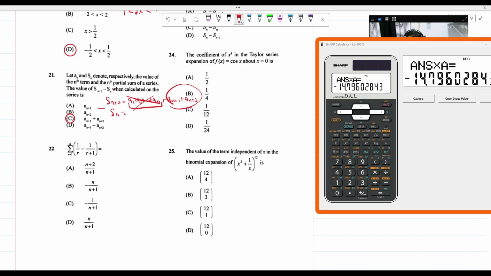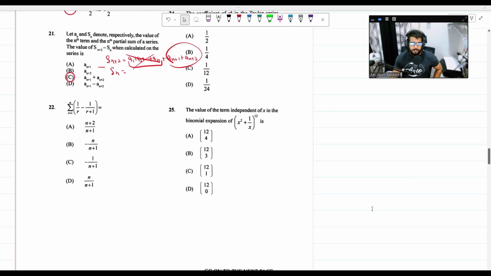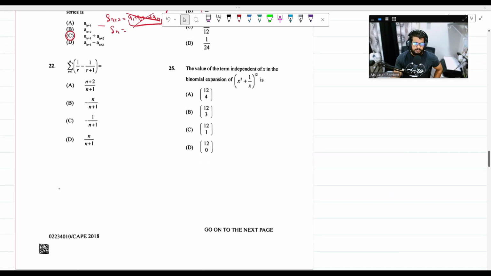Alright, partial sums. Let's see what goes on here now. I'll see if I have enough space to do it down here. I mean, method of differences. So when r is 1, I'm going to get 1 take away a half. When r is 2, a half take away a third. When r is 3, a third take away a quarter. So I see the first term surviving. If the first term survives, then the last term will survive.